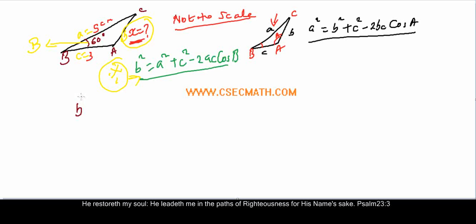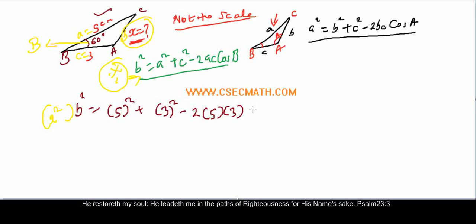So it's going to be B squared, which is actually x squared. So that is going to be equal to A squared. Now my A is 5 centimeters, so it's 5 squared plus C squared. My C is 3, so 3 squared minus 2 times 5 times 3 times cos of B. My B is 60 degrees.